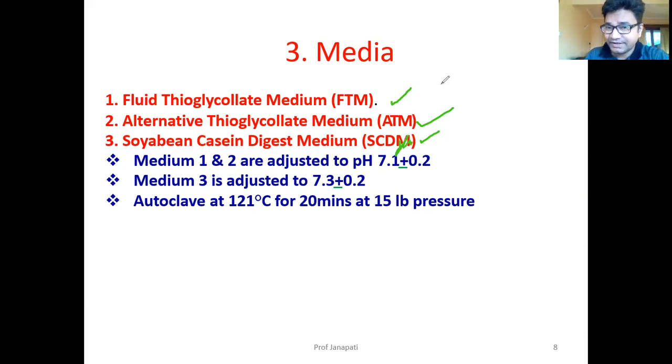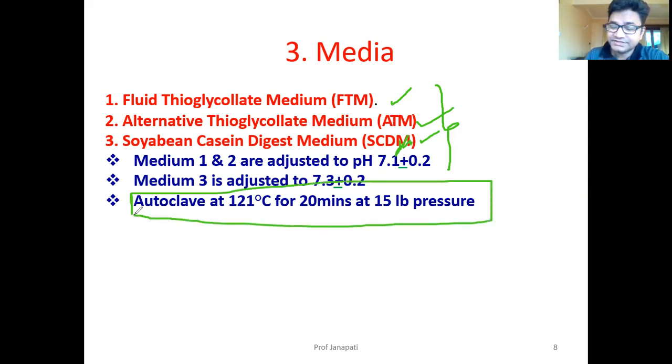Once after preparing it according to the composition, you need to sterilize the medium. Sterilization is done by autoclave. Moist heat sterilization is the best method of sterilizing the medium.